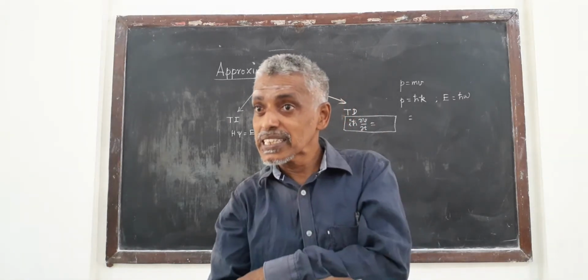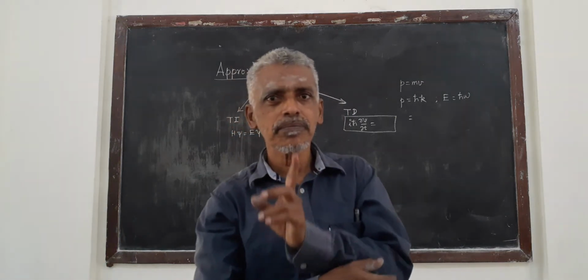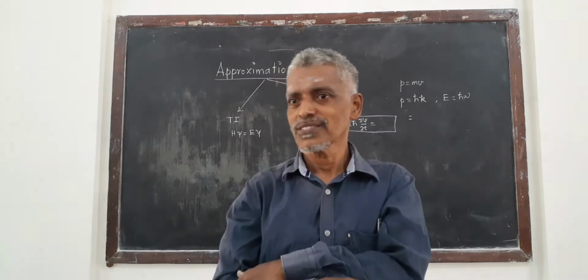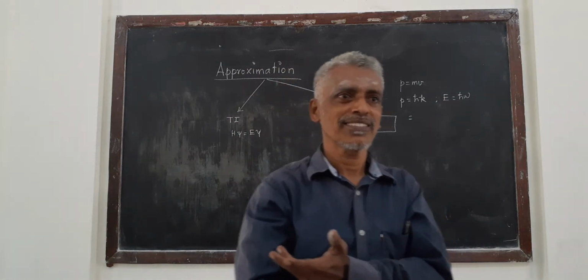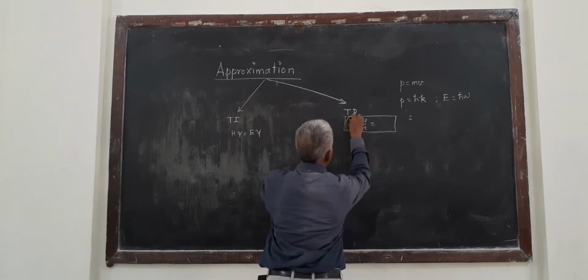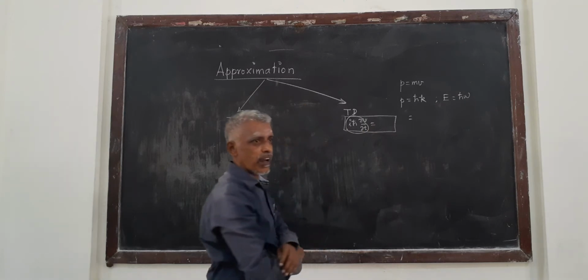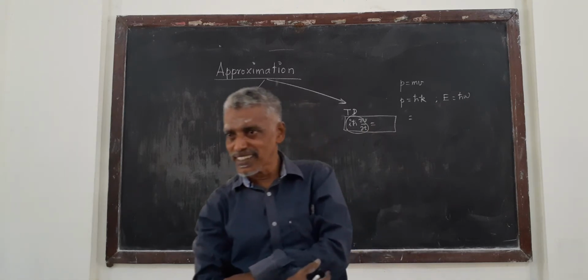Now to say it as an operator, P is equal to some operator. And what is this, i h cross dou by dou t? i h cross dou by dou t.